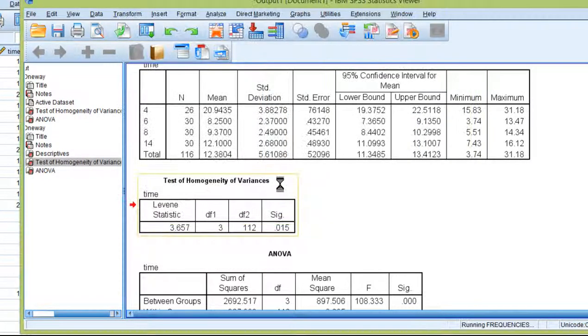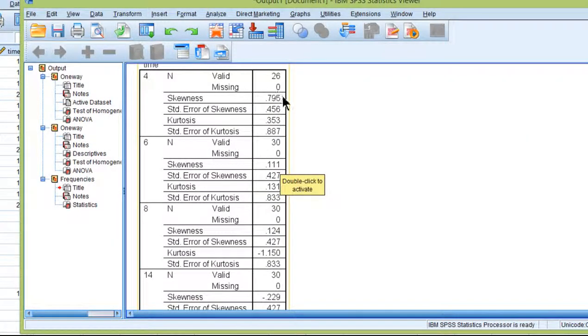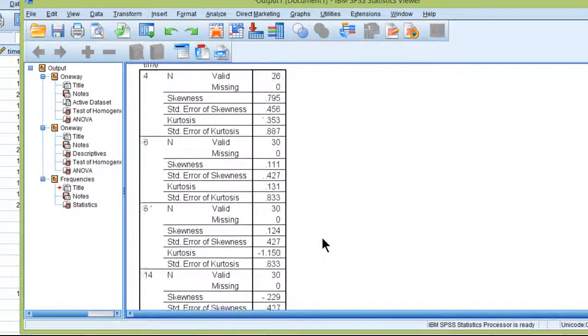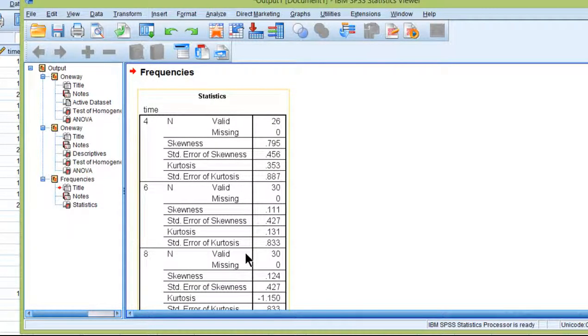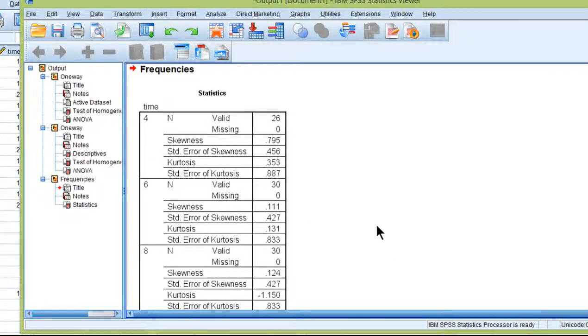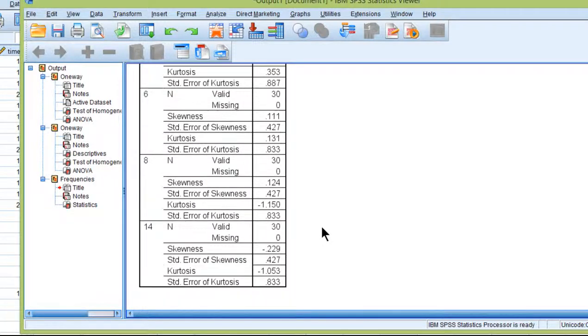What we find is skew is 0.8, not very bad, 0.11, and negative 0.23, not bad at all. Kurtosis is 0.35, 1.3, negative 1.15, and negative 1.05. These are all much lower than absolute values of 2 and 9. Even though there are some numerical differences between the skewness levels, it's not that bad. It's really not that bad at all.